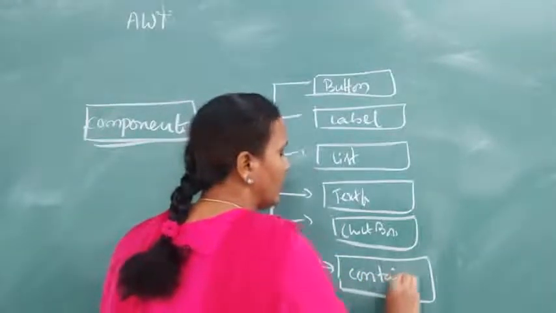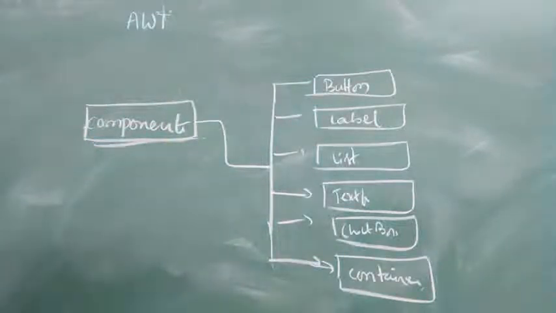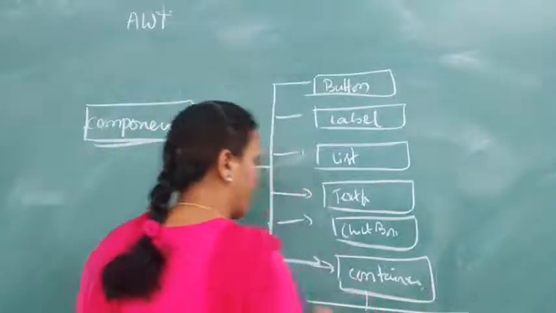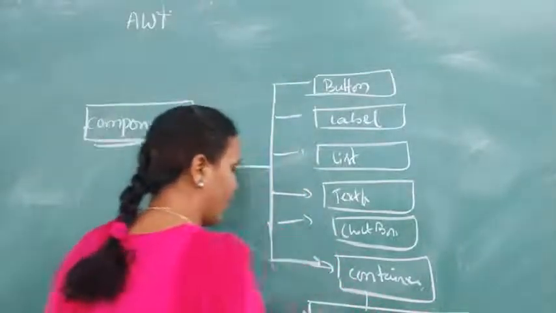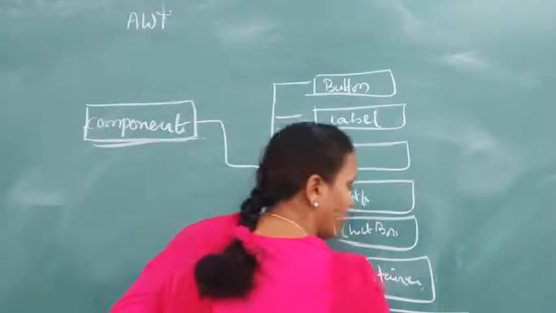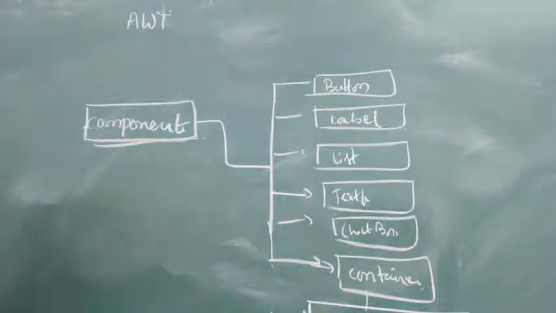Container is also one of the parts of the component class, and it contains different containers: window and frame. Two container classes we have. I think it is not visible, so I will draw once again.